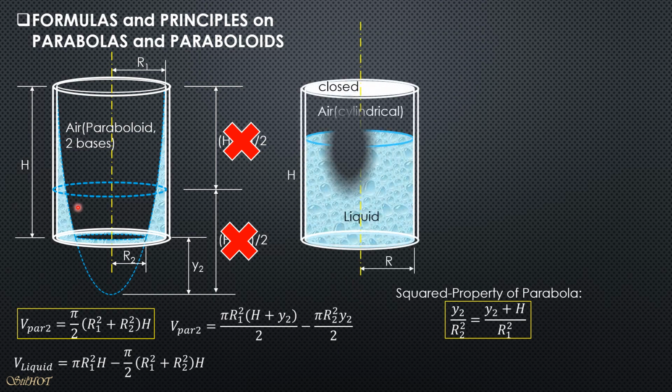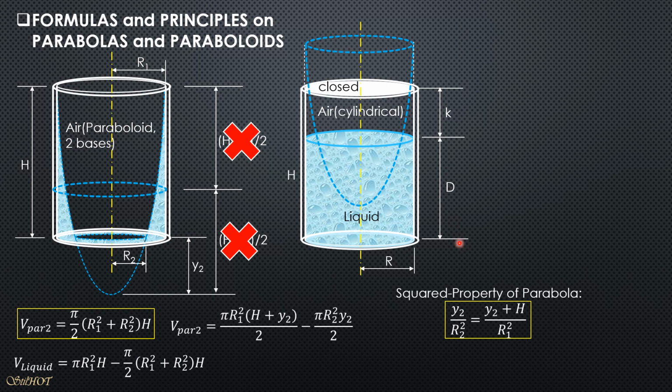Now, let's have a situation where we have a closed top tank and these are the details. So if this is the resulting imaginary paraboloid of revolution because of high speed rotation, then these are the details: the height of the paraboloid inside the cylinder from the vortex to the closed top is y sub 2 and the overall height is denoted by small h.